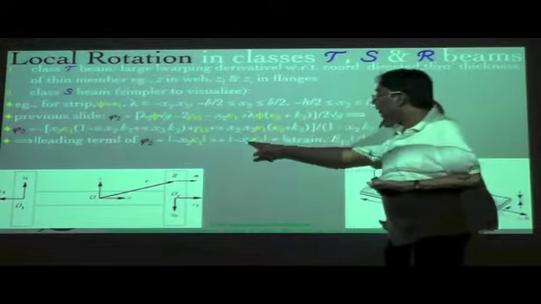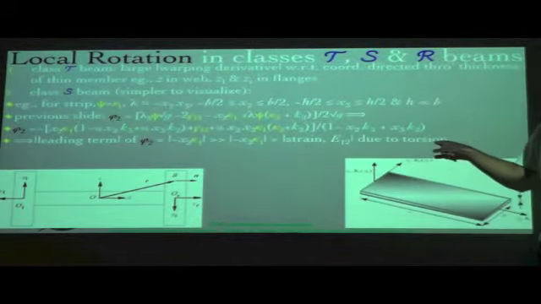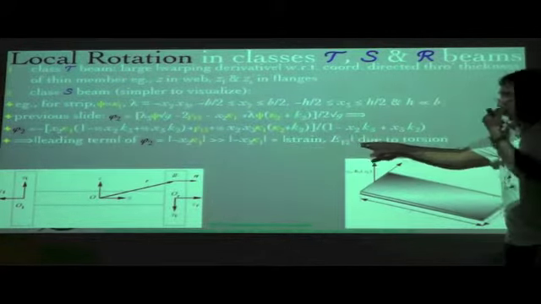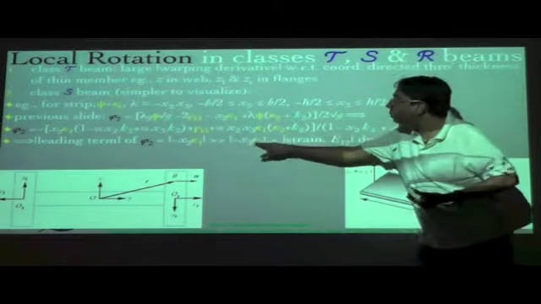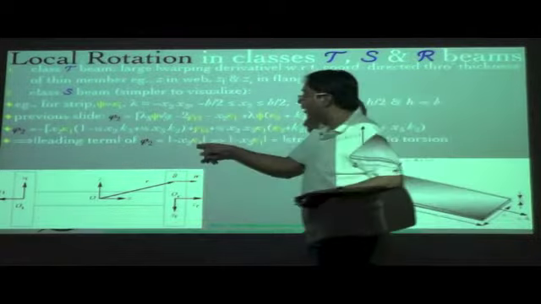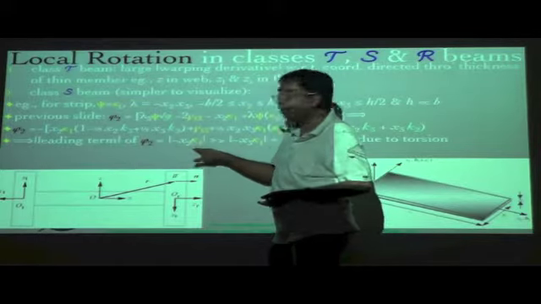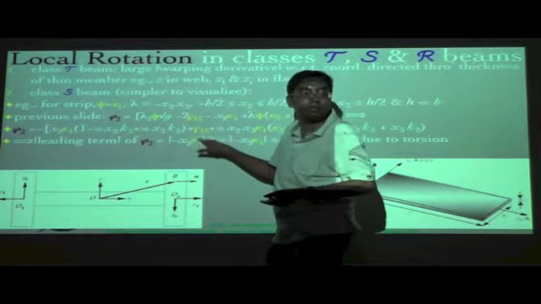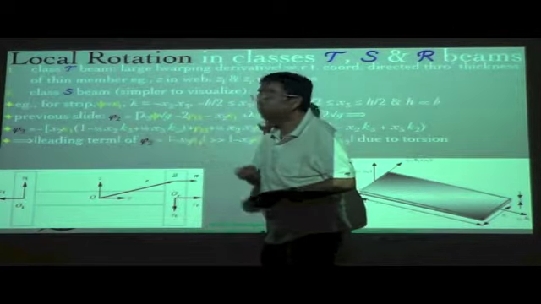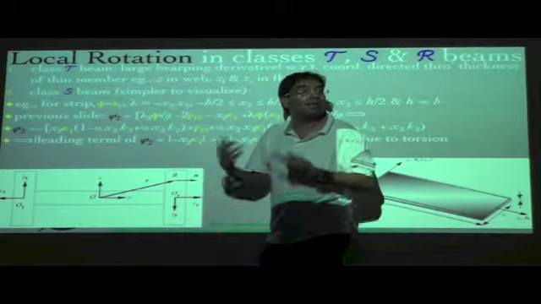Now we know that this is much larger than your x3 kappa 1, which is what the strain is. From the expression for E12, we determined that kappa 1 is of the order of epsilon hat divided by h. If we put that here, kappa 1 as order of magnitude epsilon hat divided by h, we see that this becomes b by h times epsilon hat, and this is what I had already pointed out as a preview. So your phi2, the local rotation about the two direction, can be larger than epsilon hat.